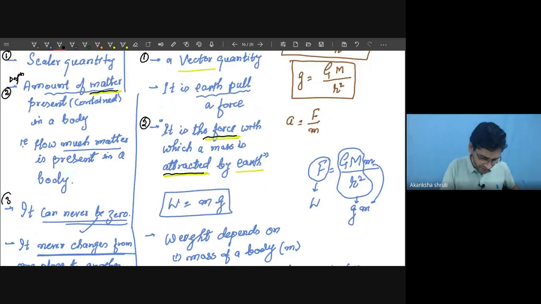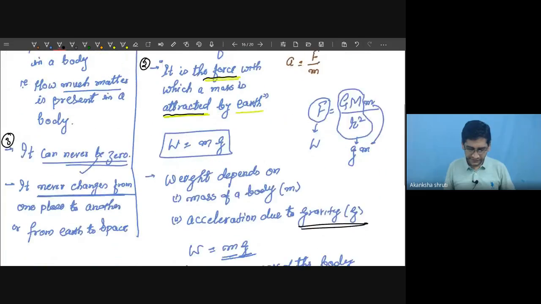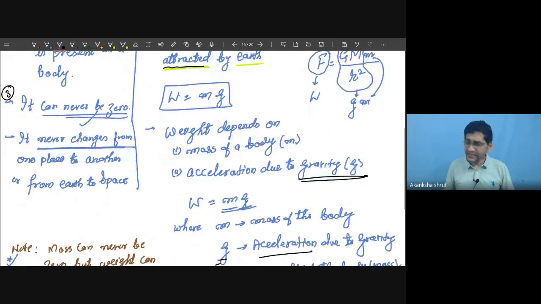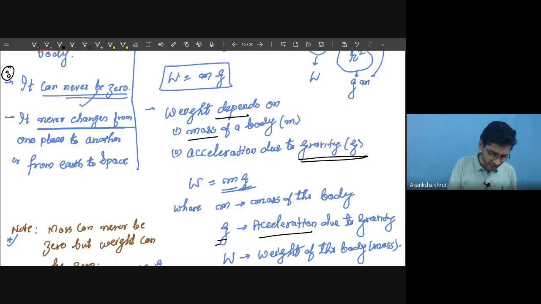So the third point is this one. Mass does not depend on any factor like acceleration due to gravity. Though the weight depends on mass, mass does not depend on weight.